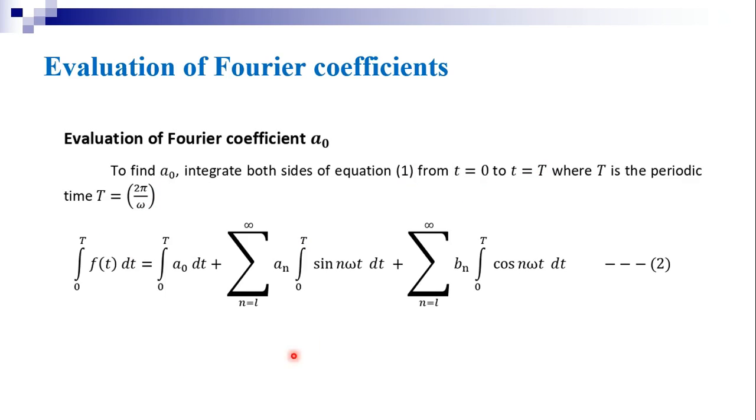So now integrating, we get the integration of f of t with respect to t within the limit 0 to T is equal to the integration of a naught dt from 0 to T. This is the integration of the first term in equation 1, and this is the second term, and this is the third term.